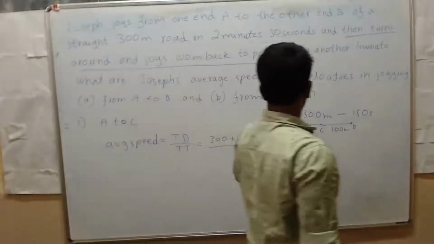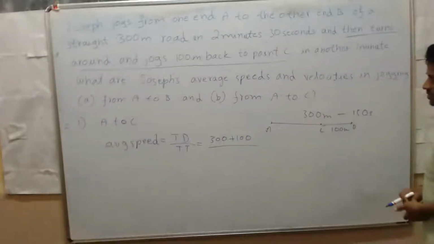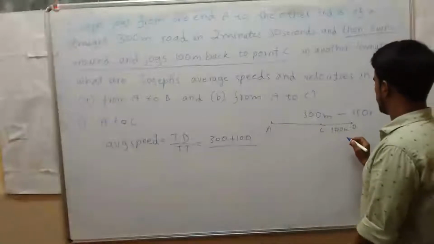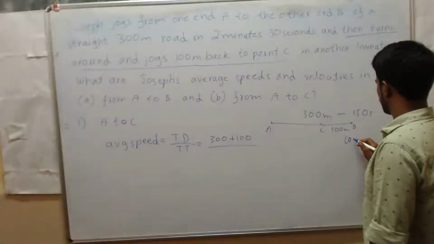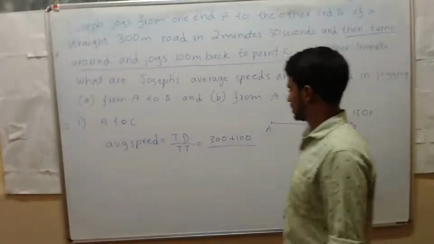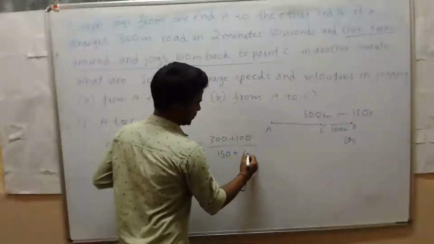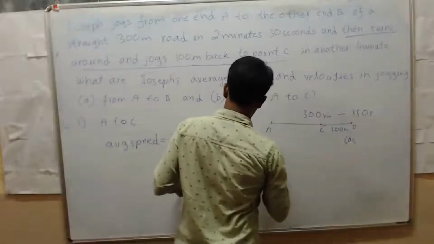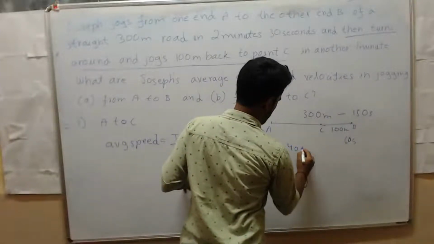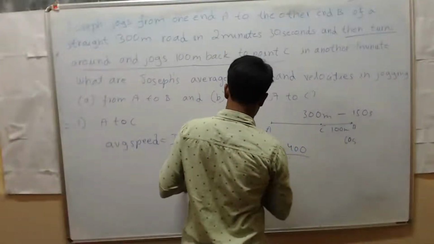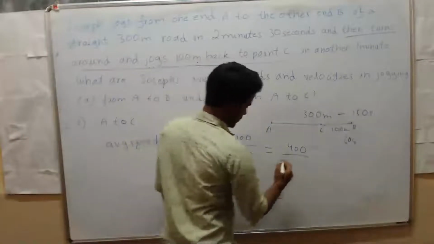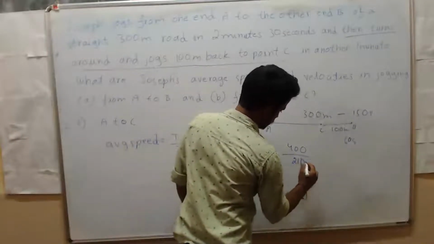Total time taken: first A to B 150 seconds, then B to C 1 minute, that is 60 seconds. Clear? So total time is 150 plus 60. So what is the answer? That is 400 divided by 150 plus 60, that is 210.